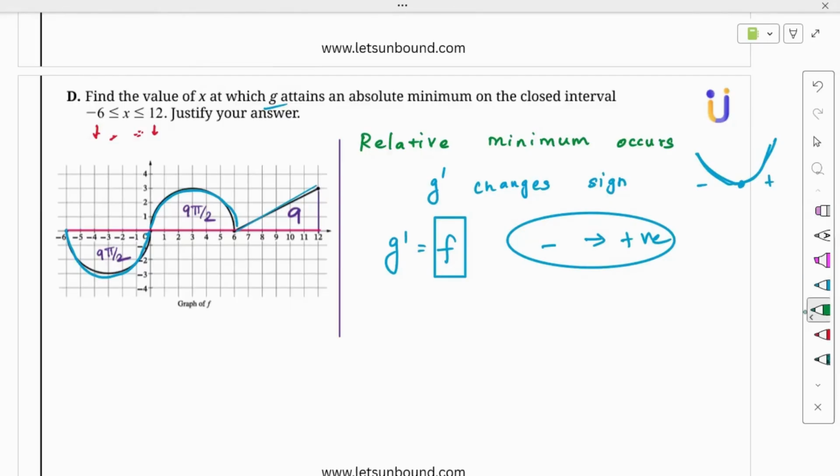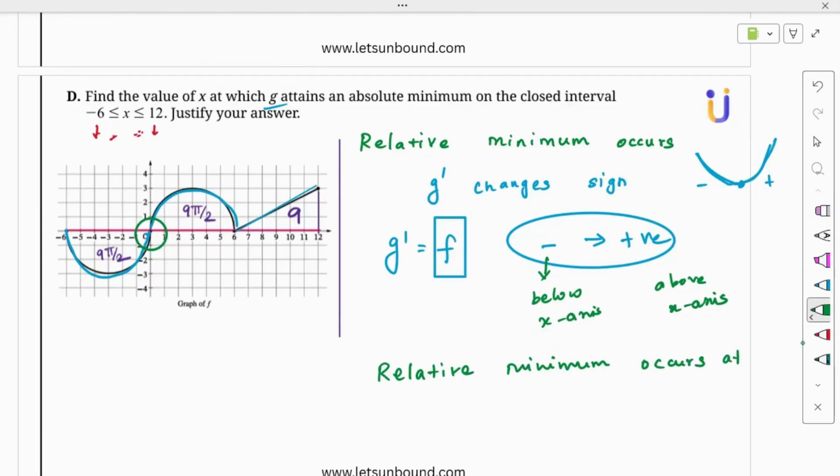When I say negative to positive, I mean the y value: negative means below the x-axis, positive means above. That happens only at x equals 0. So the relative minimum occurs at x equals 0.